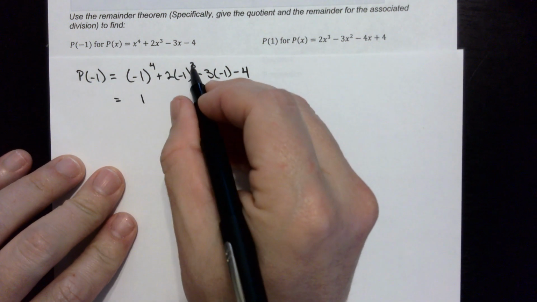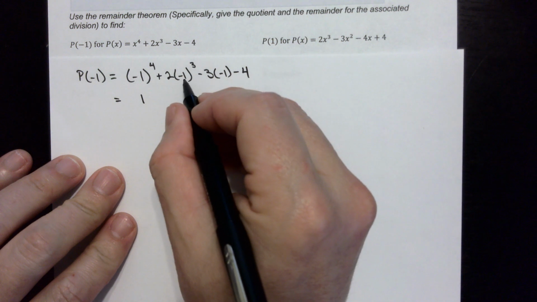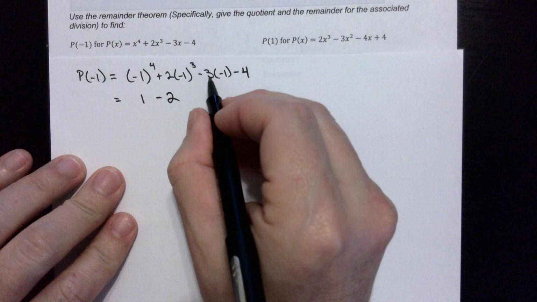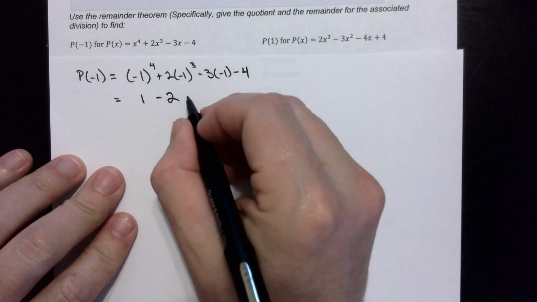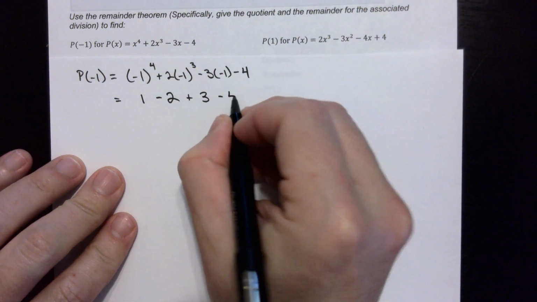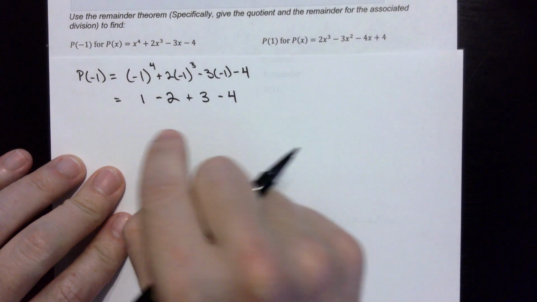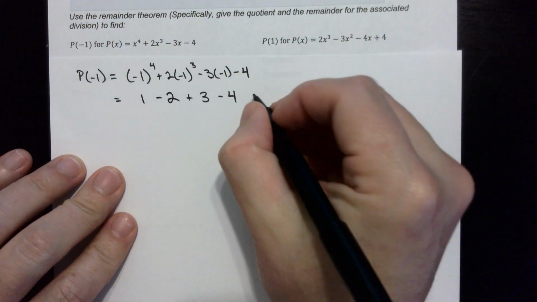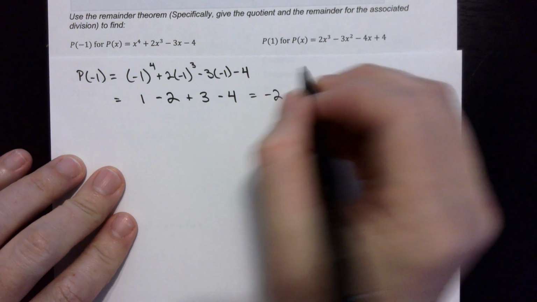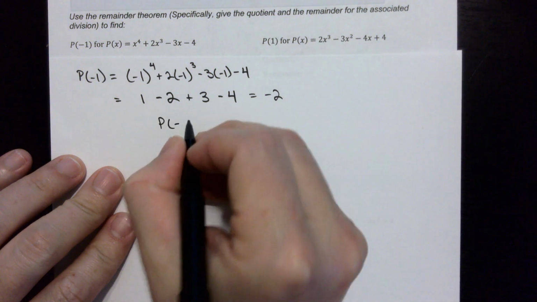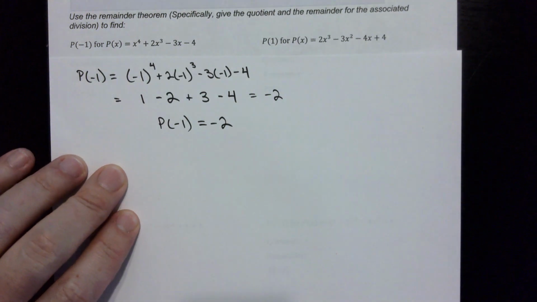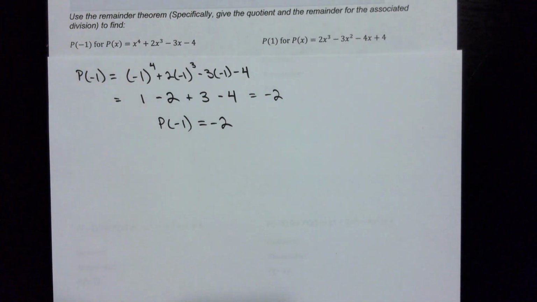If you raise -1 to the third power, it remains -1, and -1 times 2 is -2. These two multiplied give you 3, so plus 3, and then minus 4. Add these together and you will get -2. So we found that when we put -1 into this function, we got -2 as an answer. That is the way that you should already know how to evaluate a function.